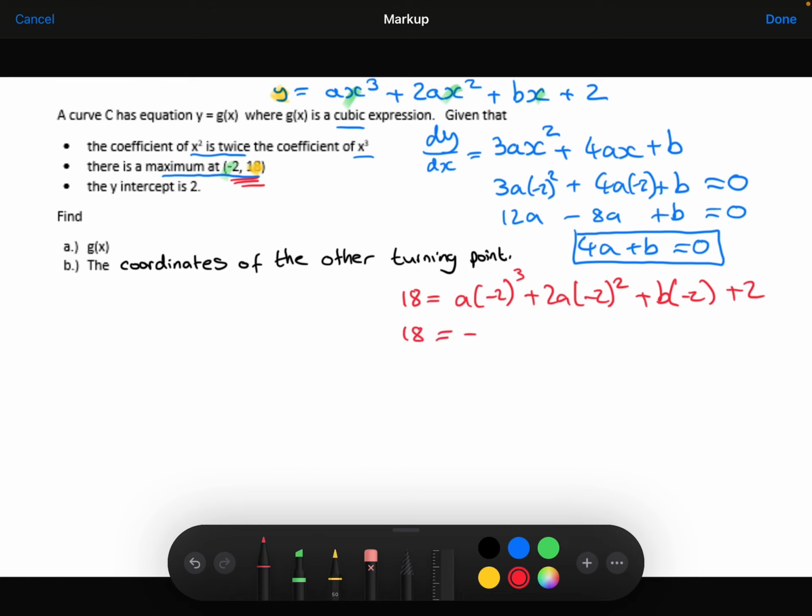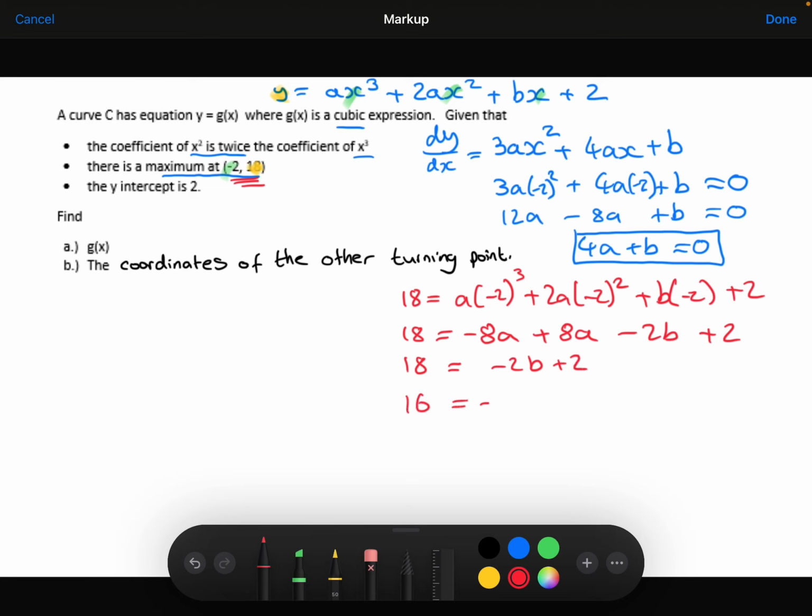The minus 2 cubed is minus 8. The minus 2 squared is 4 times the 2a is 8a. The b times the minus 2 is minus 2b plus the 2. You can see that the a's cancel out.